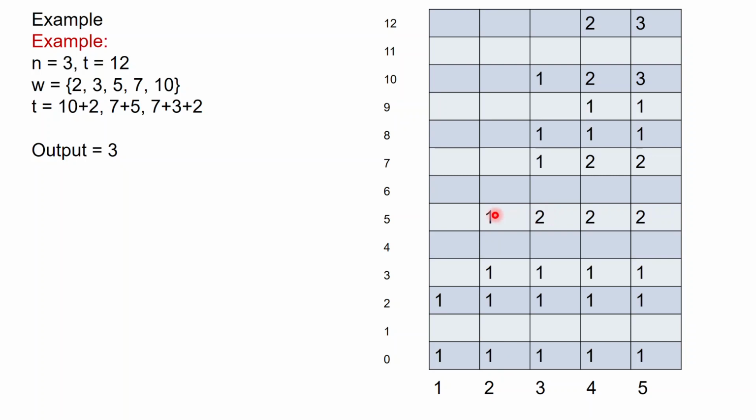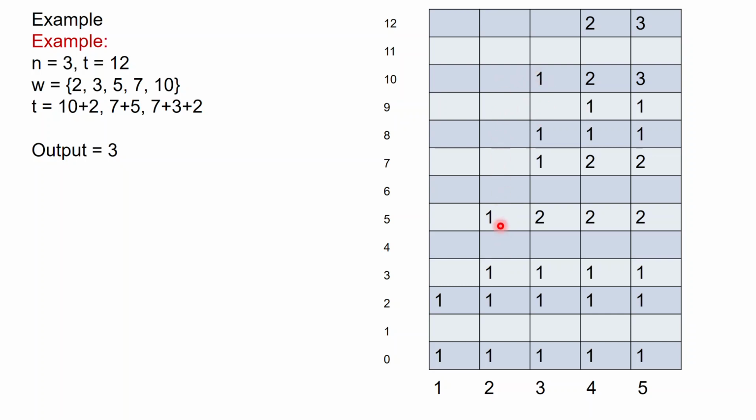So this one here was for the 2 plus 3, and now I'm adding one more combination, which is just using 5. This one here is obtained as the sum of this 0 plus this one here. This one here is obtained as the sum of 0 plus this one here. This 0 here is obtained as 0 plus 0. This one here is obtained as 0 plus 5.